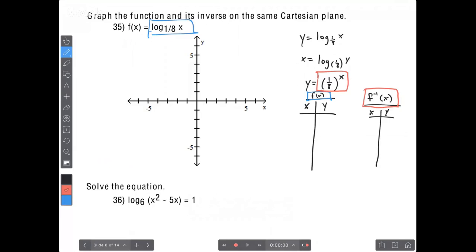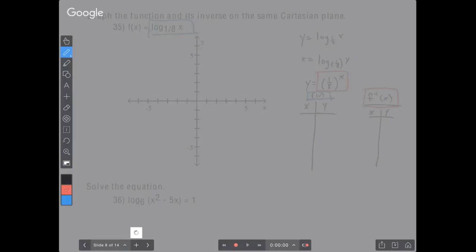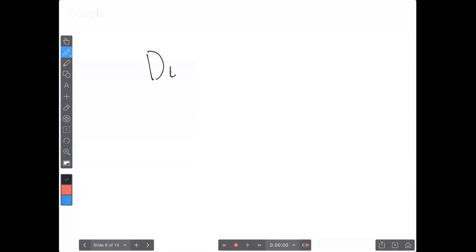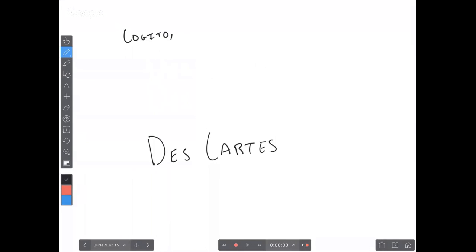Richard Descartes, who famously said, cogito ergo sum, or, because he was French, he probably said it as je pense, donc je suis.